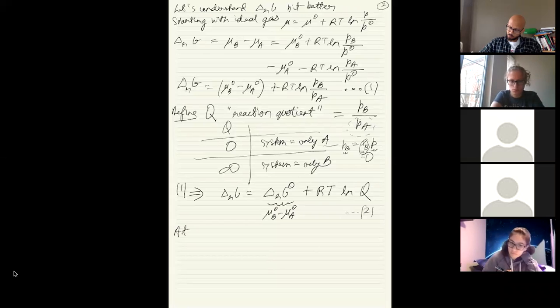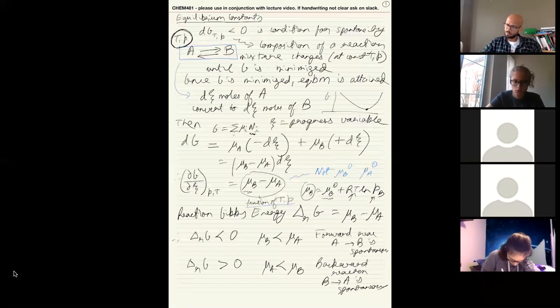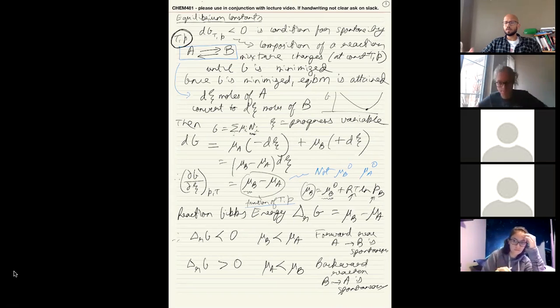Now at equilibrium, what do we know? We just wrote down that equilibrium is when the Gibbs free energy cannot decrease in either direction.